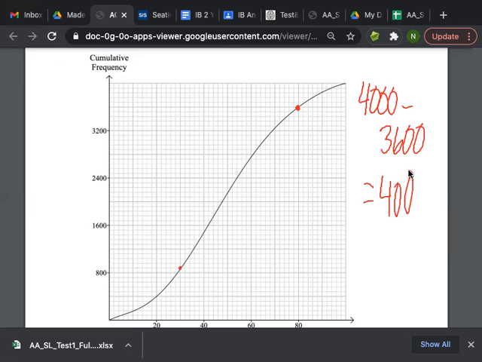This is a cumulative frequency graph, meaning the people who did up to 80 miles but did not go over 80 miles was this value right here. But they want to know how many did more than that. The total number of employees was 4,000. Subtract 3,600, you get 400.